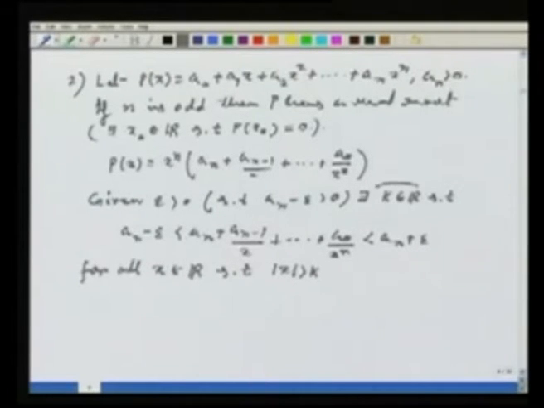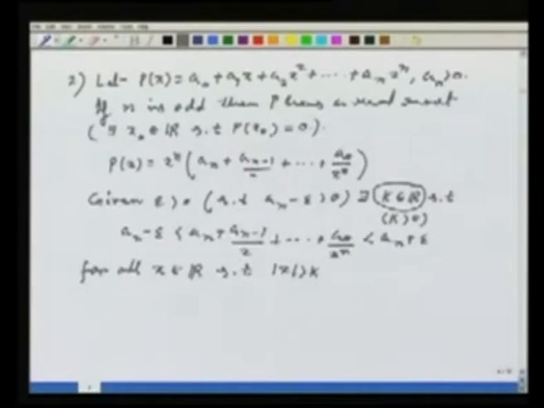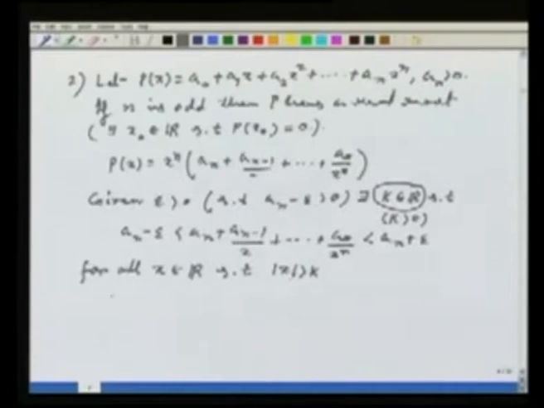That means the k I have chosen is a positive k, k bigger than 0. This is just the meaning of the fact that as x goes to infinity, the portion in the bracket converges to a_n. I have just written it in terms of epsilon following the definition of limit. Now, if I choose x bigger than k, what happens then?